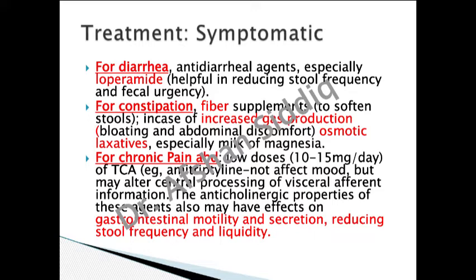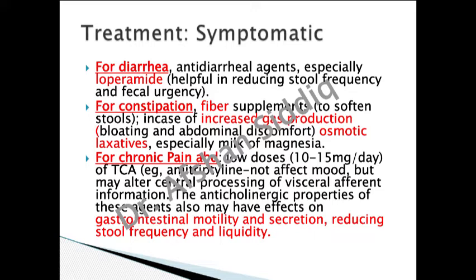For chronic abdominal pain, low doses of the tricyclic antidepressant amitriptyline, which do not affect mood at low doses of about 10 to 15 milligram per day, but may alter central processing of visceral afferent information.